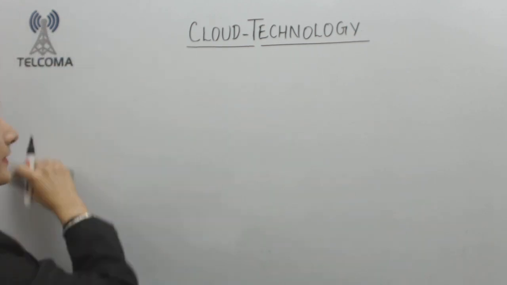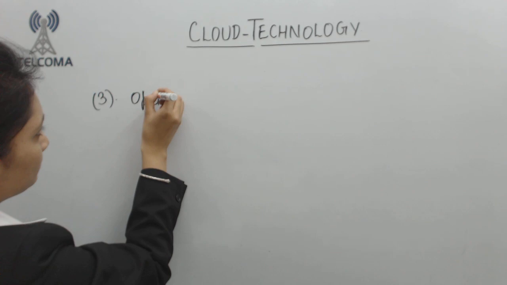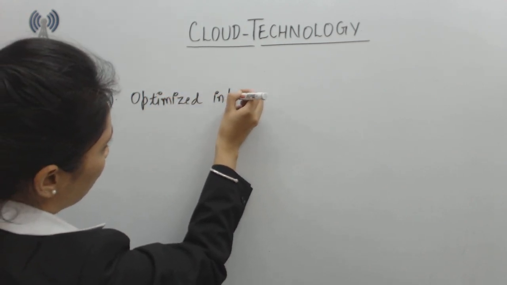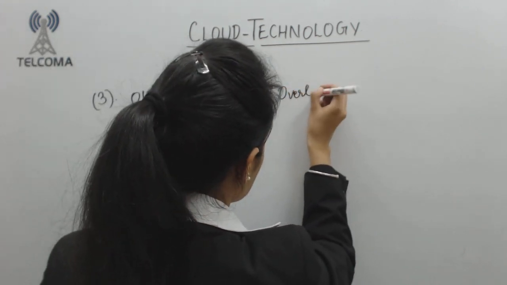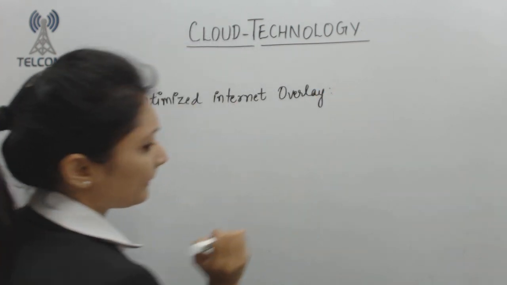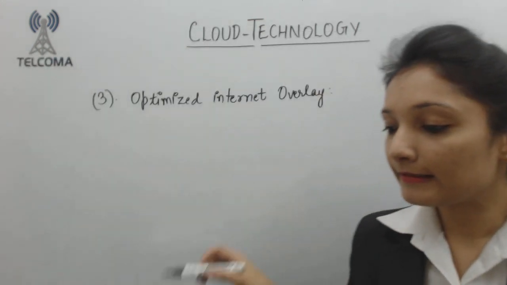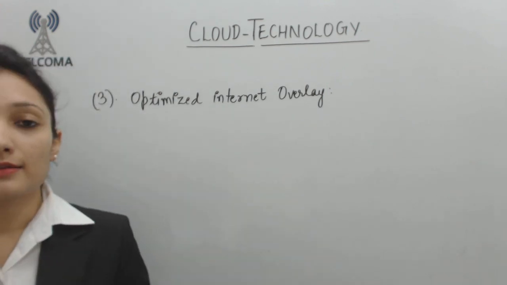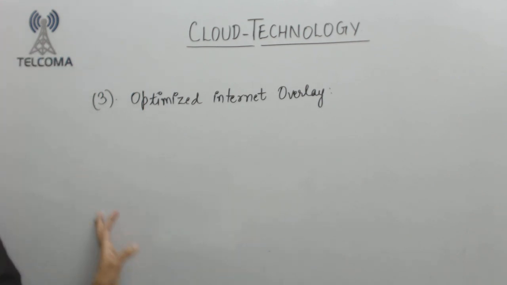Now the third one here is optimized internet overlay. Now, what is this optimized internet overlay? This approach allows the customers to access the cloud via the public internet, but enhancement occurs on the provider's cloud.